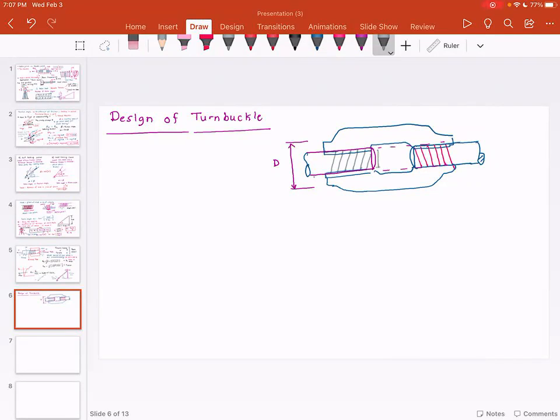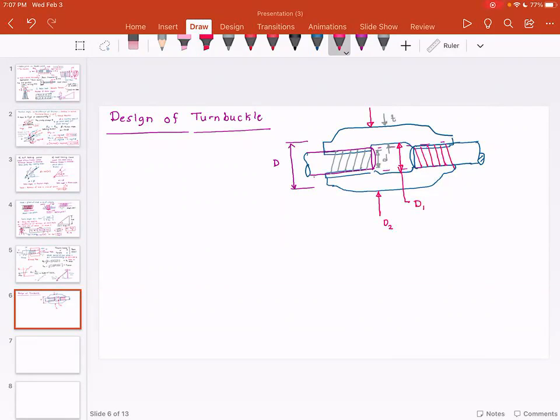So I'm going to call this diameter D. Then I'm going to call this thickness T. And I'm going to call this diameter D1. And I'm going to call this diameter D2. And again, it doesn't have to be a diameter. The shape could be different.